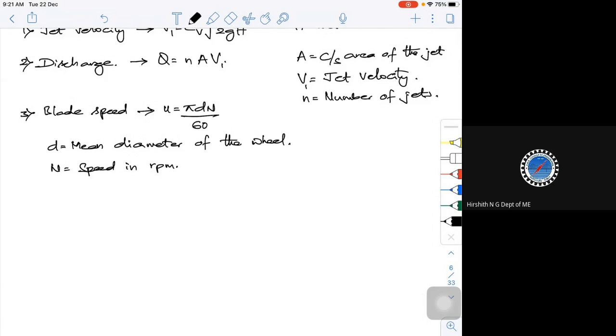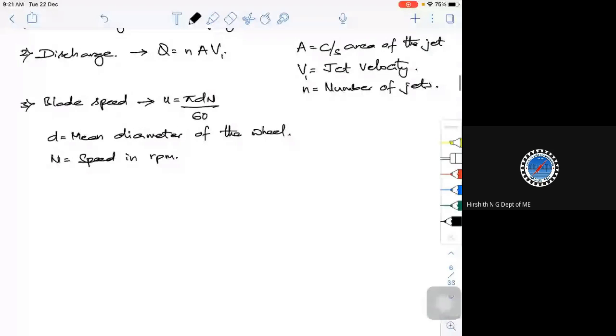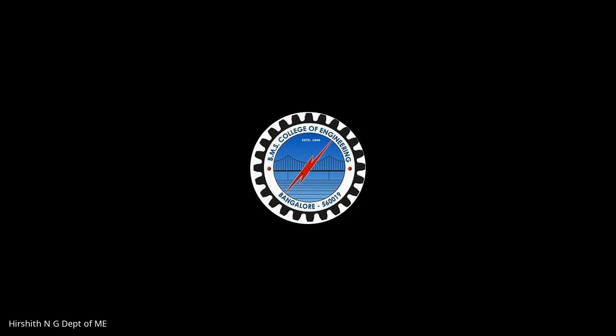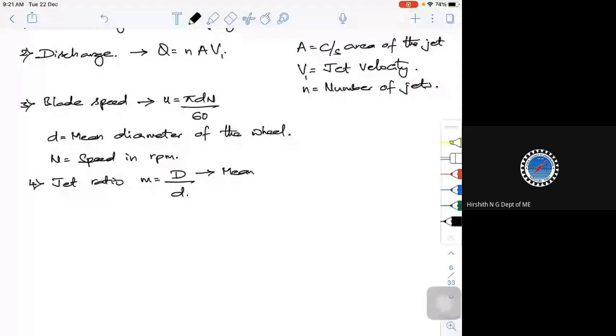Next, two more things. One is the jet ratio, which is the mean diameter of the wheel divided by the jet diameter.